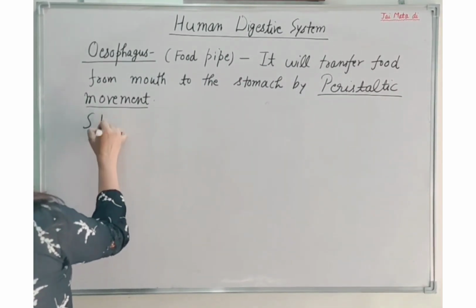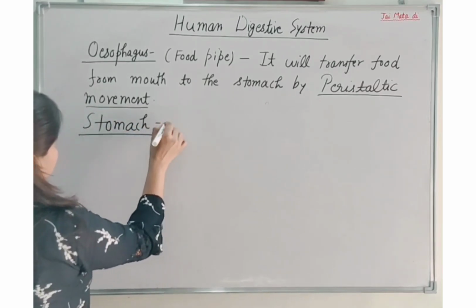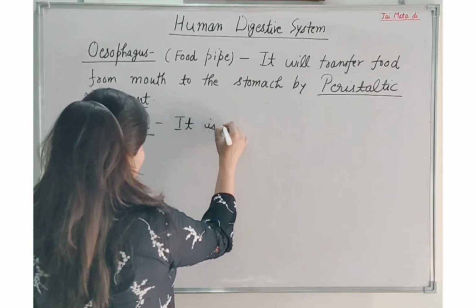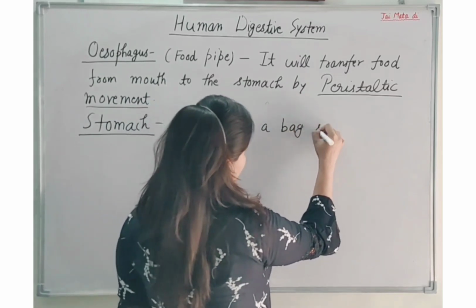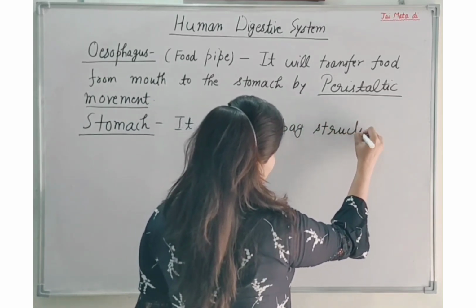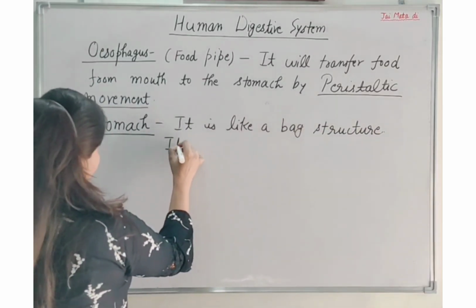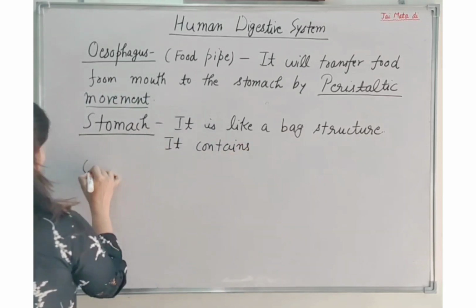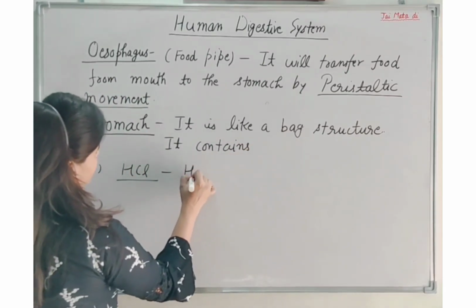Now coming to the stomach. The stomach is just like a bag structure. It contains HCl, hydrochloric acid.